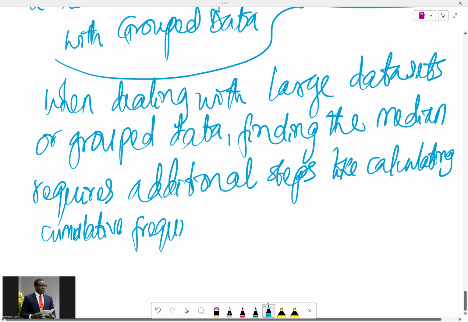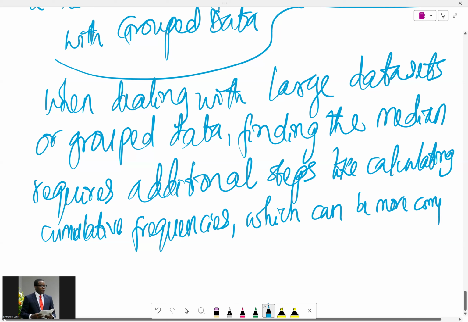Though not that difficult, it's adding an extra layer of computation, which can be more complex.